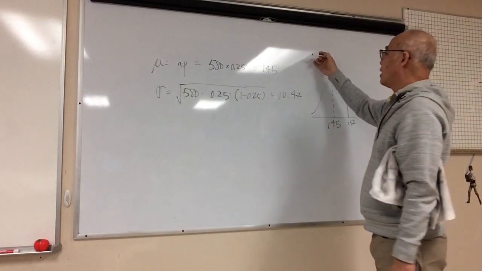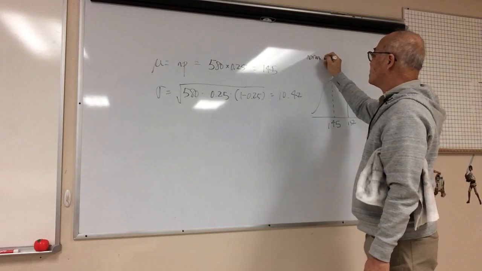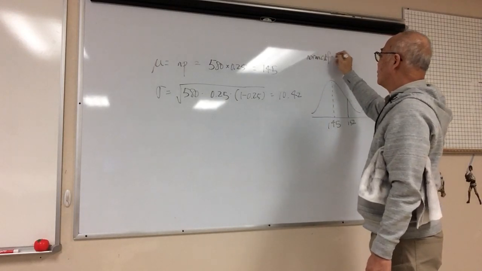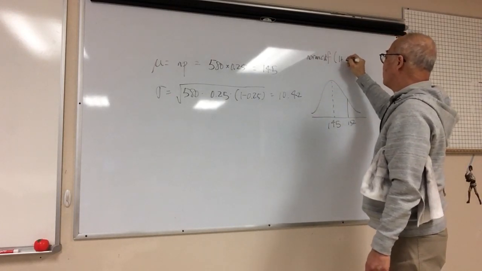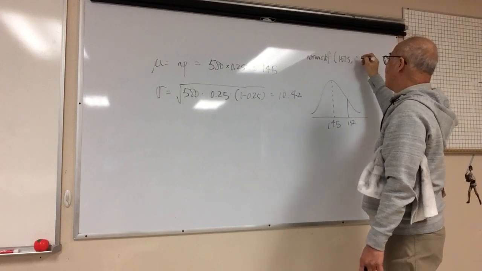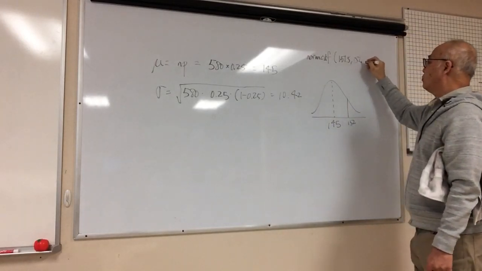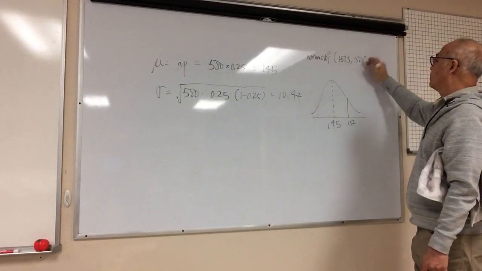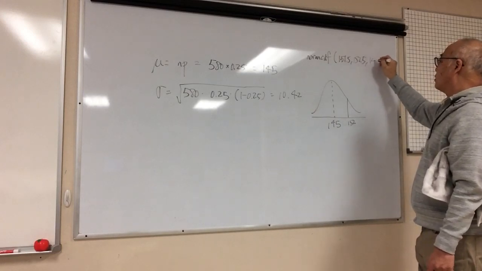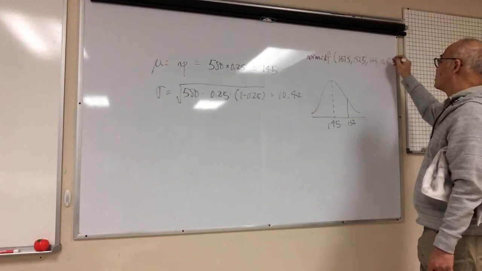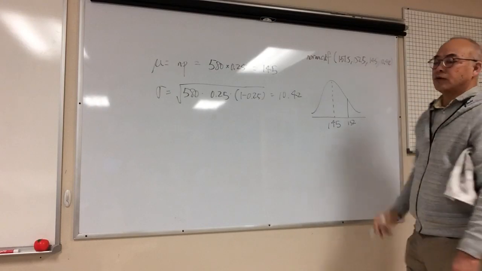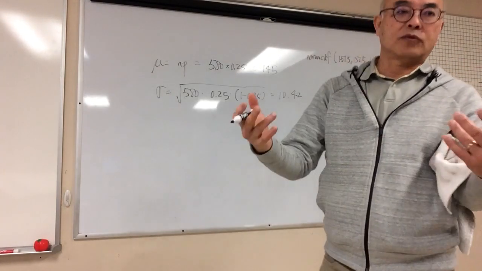So you would just do a normalcdf with a lower bound of 151.5, an upper bound of 152.5, a mean of 145 and a standard deviation of 10.42.